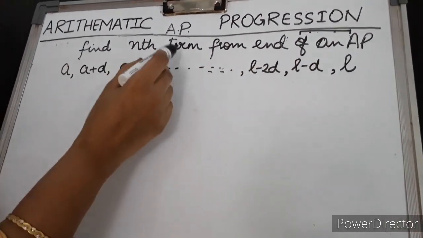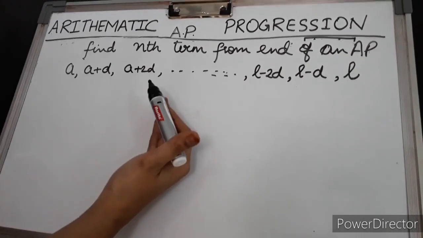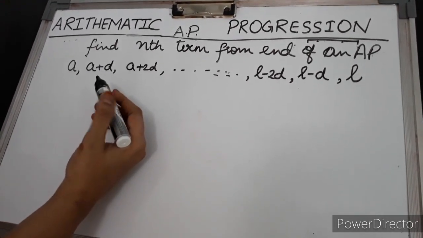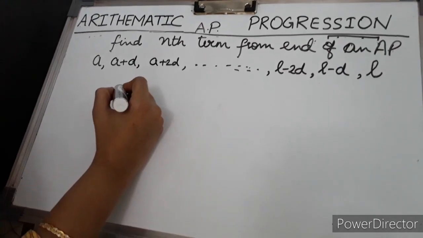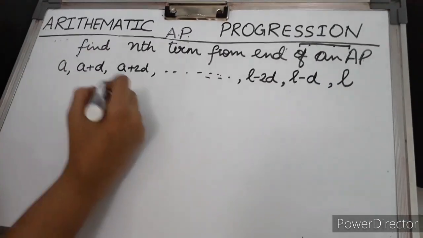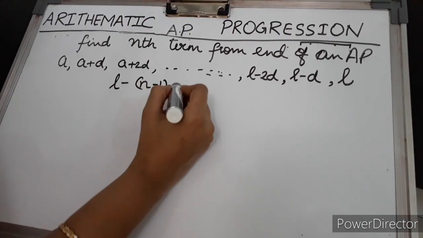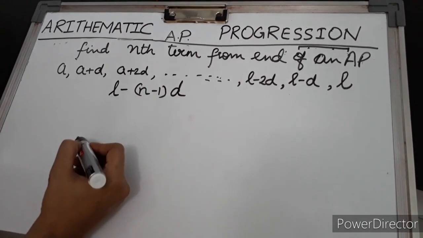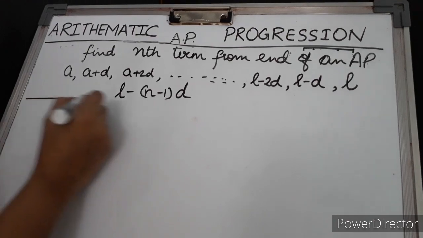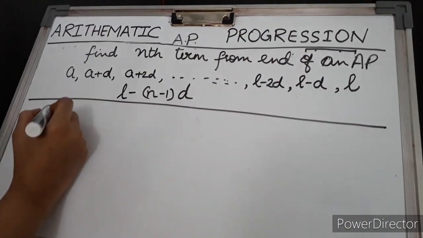So to find the nth term from the end of an AP, we have one formula: L minus (n minus 1) into d. We'll see one question here.